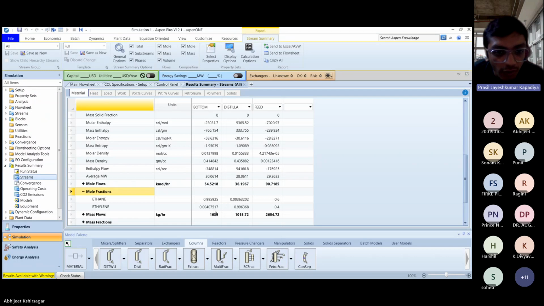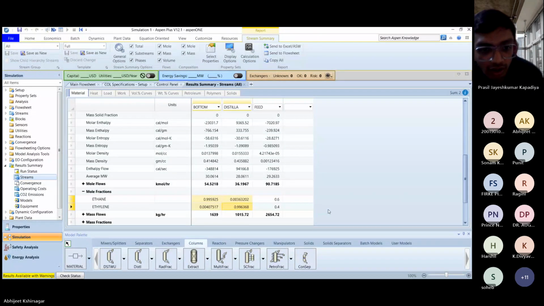So at the bottoms, we are getting 99.6 mole percent of ethane. And from the top, same, we are getting 99.6 mole percent of ethylene. It's 99.63, okay, whatever the answer is.